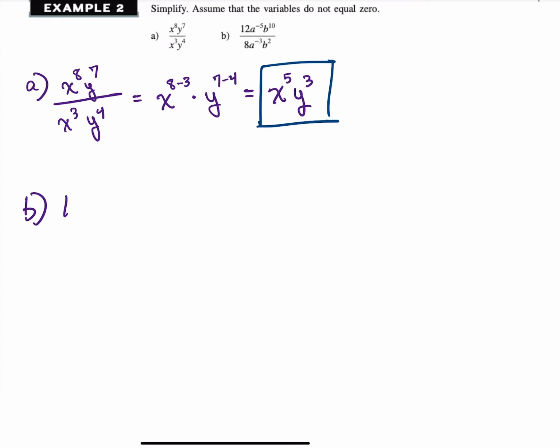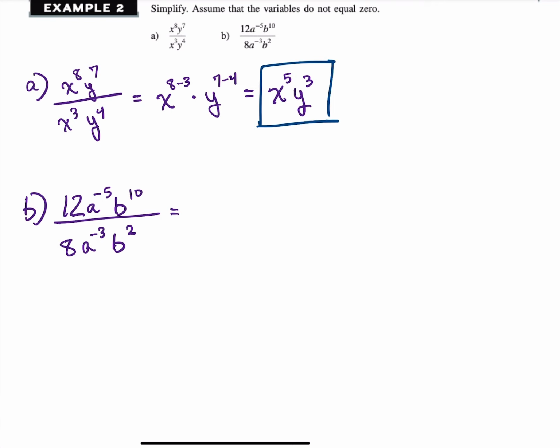Part B, this one's extra messy. So 12 times a to the minus 5 power times b to the 10th power over 8 times a to the minus 3 power times b squared. It's kind of harder to see based off of that cancellation rule. We have these negative exponents involved, so let's just follow with this subtraction rule.